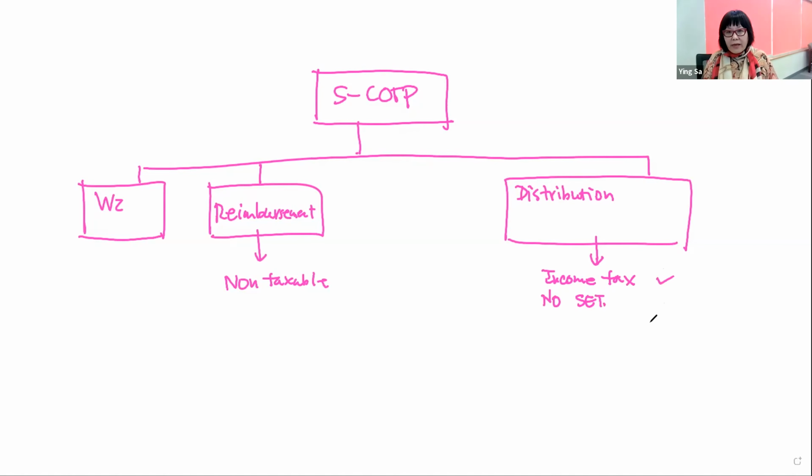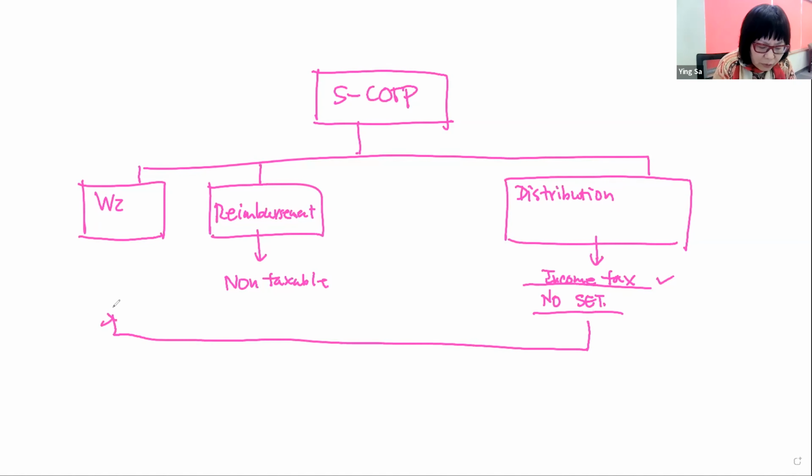So this is one of the reasons why a lot of small companies are S corp, because they know that the distribution would go away from self-employment tax. It doesn't pay Social Security, Medicare. For that reason, the government really cares about W-2, because you can imagine running away making income without paying Social Security, Medicare, and that is just not fair compared to LLC. So they want you to make W-2 income when you run S corp.